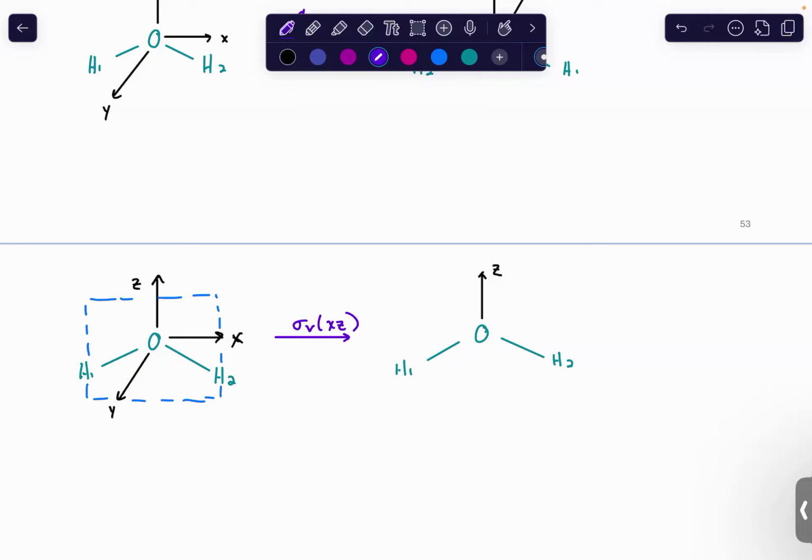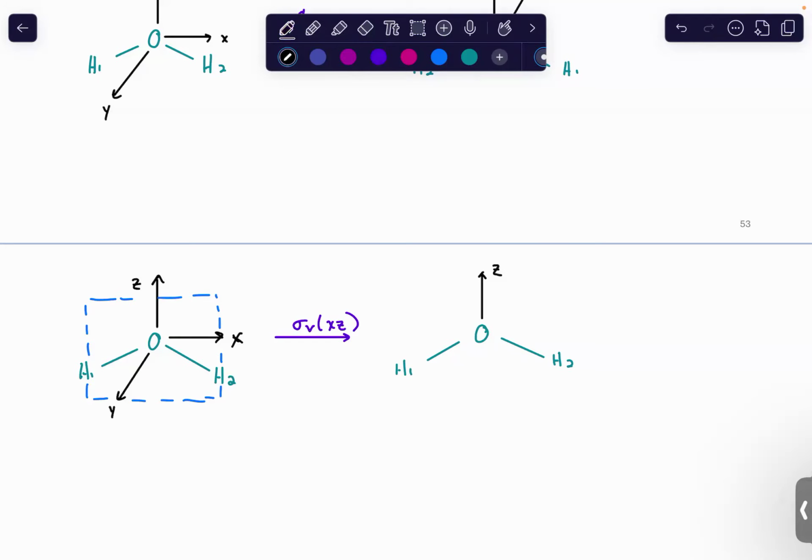These will help you differentiate between sigma v, sigma v prime and double primes. Your XZ is usually your sigma v, your YZ is usually your sigma v prime, and so forth. So this notation makes more sense now.